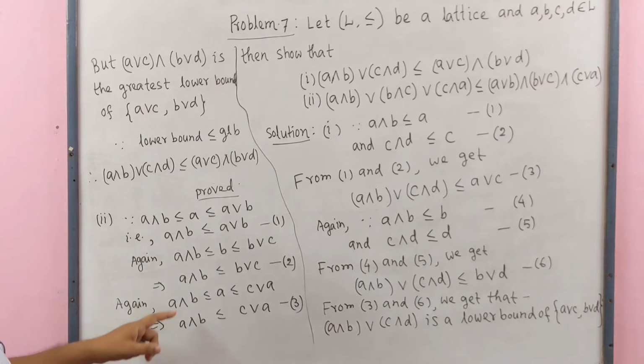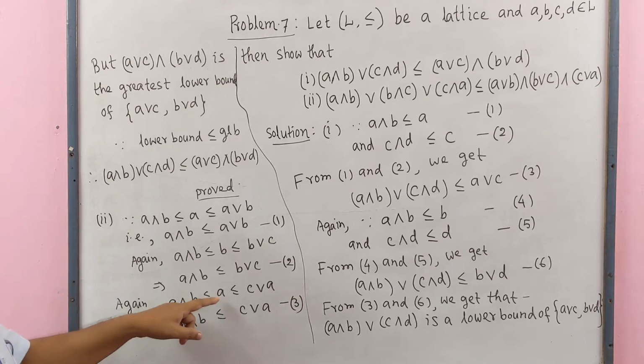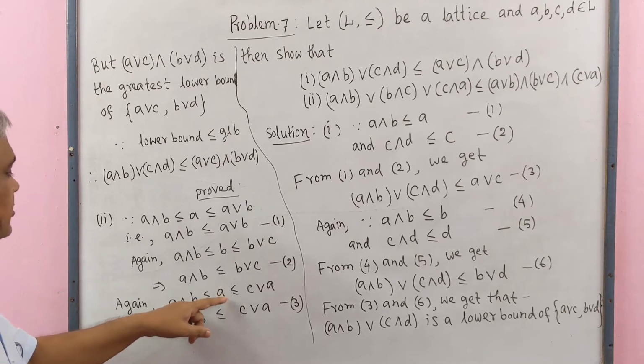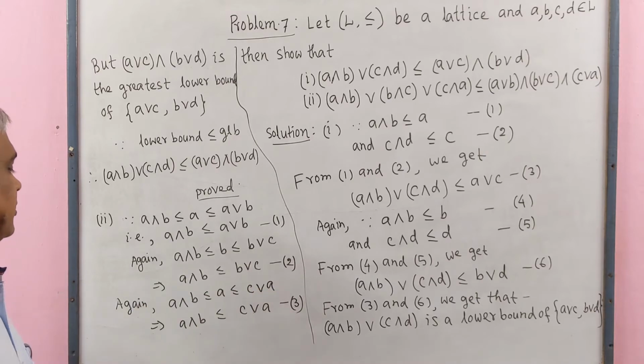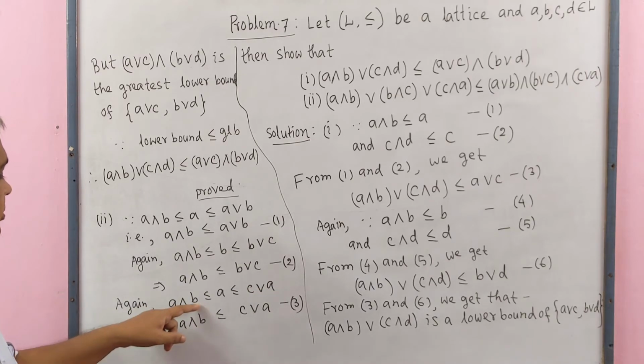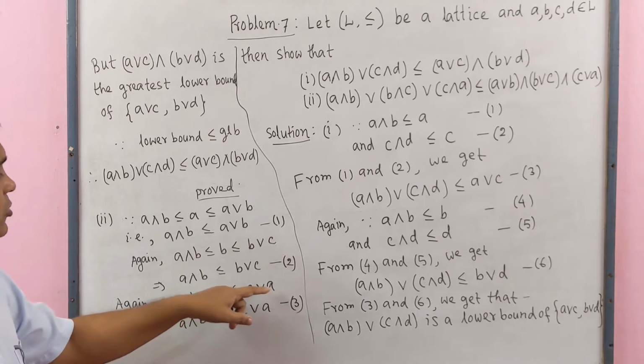Again, A meet B less than equal to A and A is less than equal to C join A. Therefore, A meet B less than equal to C join A.